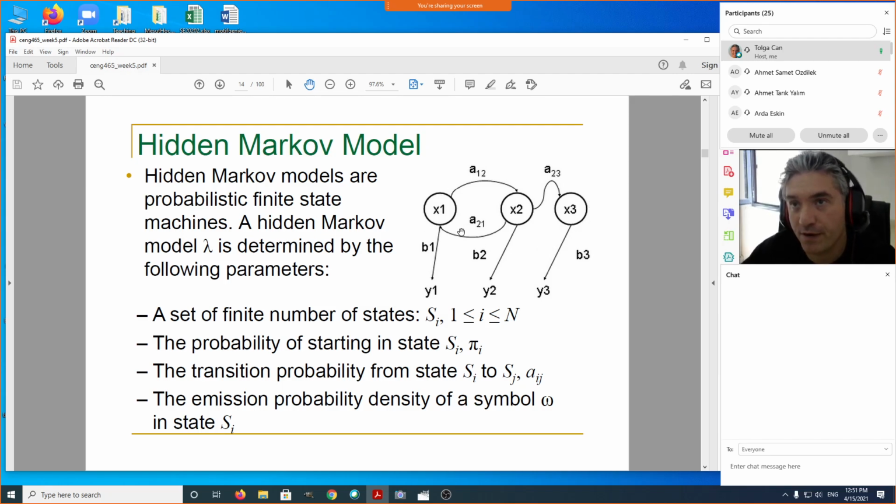We may be observing, for example, 24 different time points in a day. For example, every hour we may observe an action, and the number of observations is not necessarily equal to the number of states, because we can continue going between states again and again, and therefore we may have an arbitrarily long output of a hidden Markov model that is given to us like this.